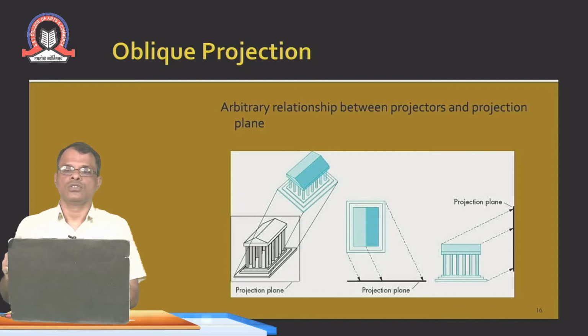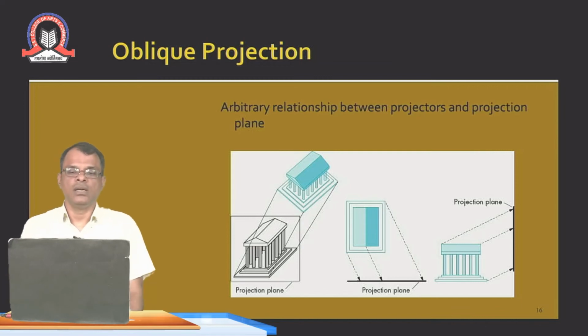The paper is the projection plane, and we have to draw the lines. From the top view we draw lines, from the side view we draw lines, and where those lines intersect, using them we draw the object on the paper.